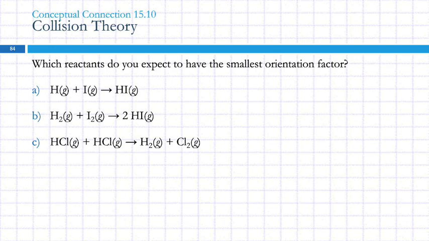So here, which reactants do you expect to have the smallest orientation factor? The smallest fraction of collisions that go together correctly? Are we looking for most complicated or simplest? Complicated. Right, complicated. Because the more complicated it is, the fewer collisions end up being correct.